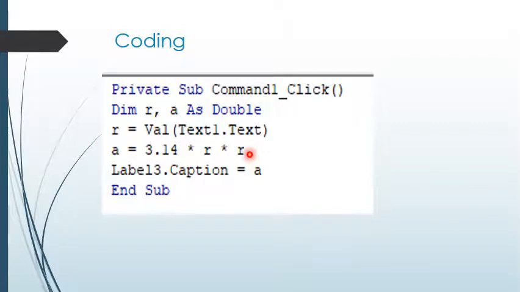So we just have to place that formula over here. And we are going to display that value in Label3. Label3's Caption property, therefore I have assigned that area to Label3.Caption. So here we have finished our coding and our expected output.